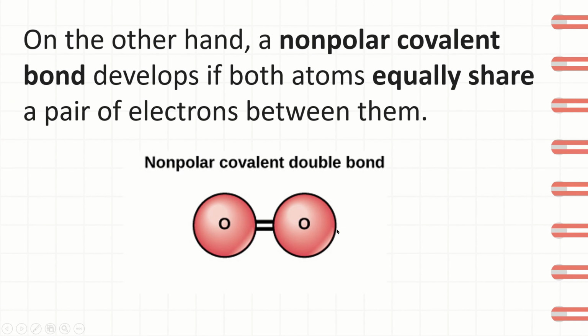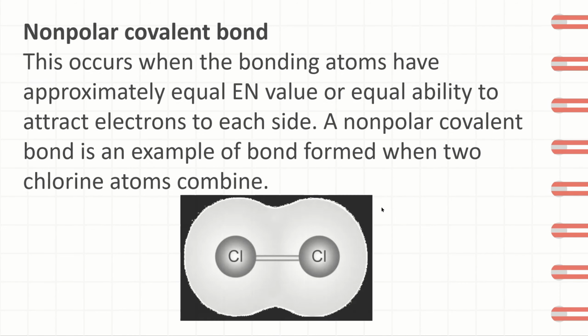On the other hand, non-polar covalent bond develops if both atoms equally share a pair of electrons between them. So it means it has no charges, no positive and negative. This occurs when the bonded atoms have approximately equal electronegativity values, or equal ability to attract electrons to each side. So that makes it have no positive and negative.